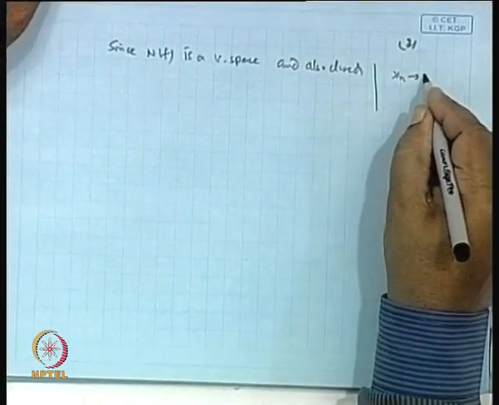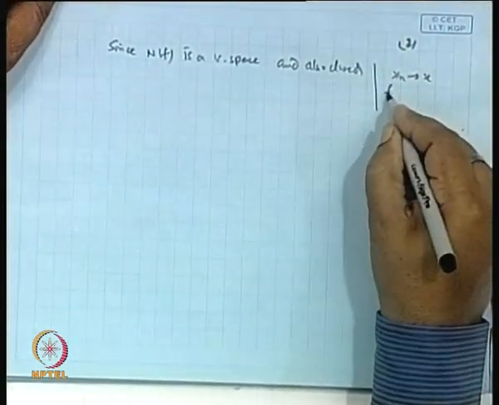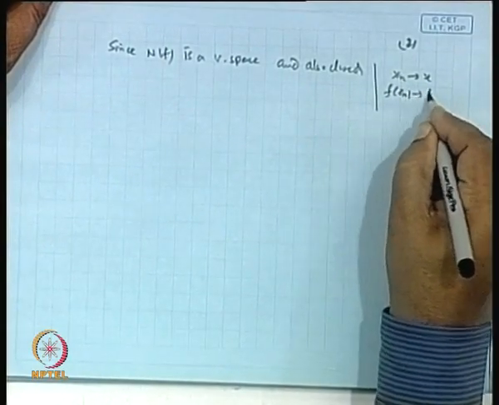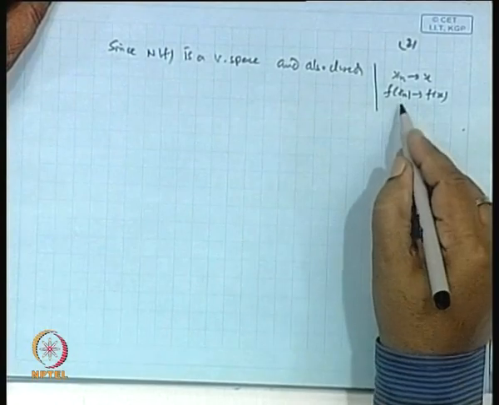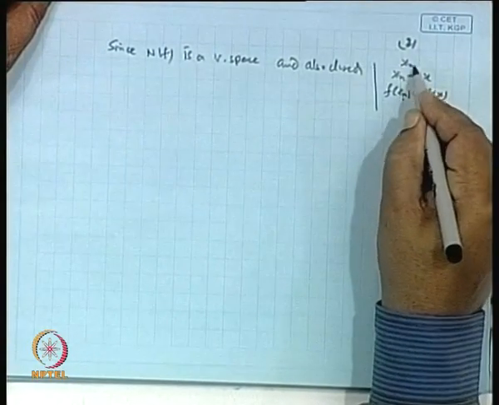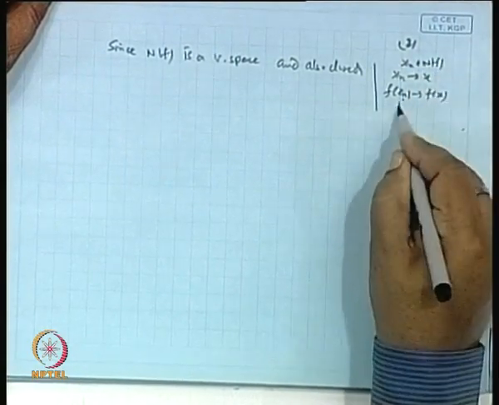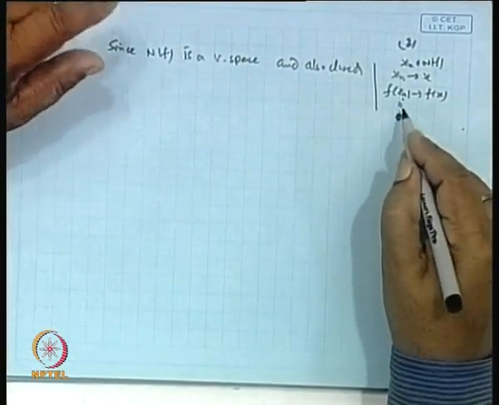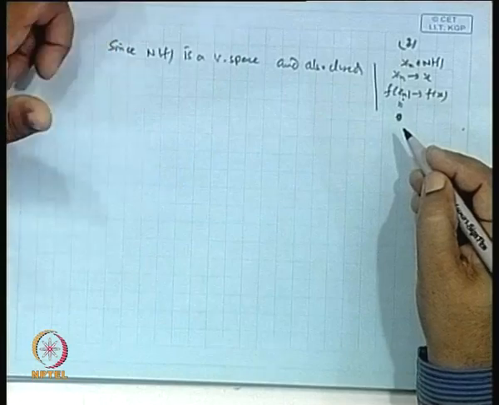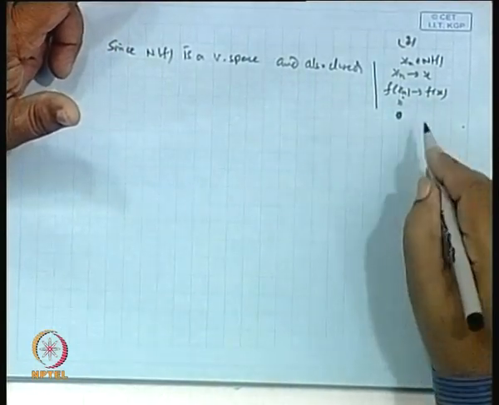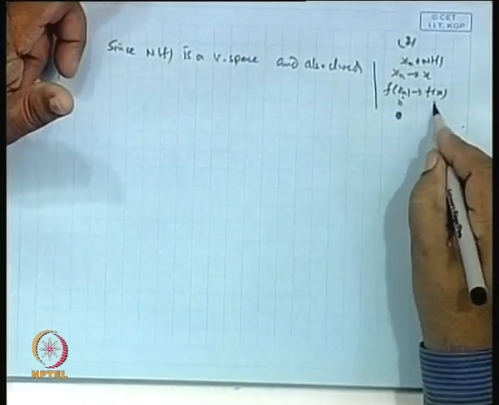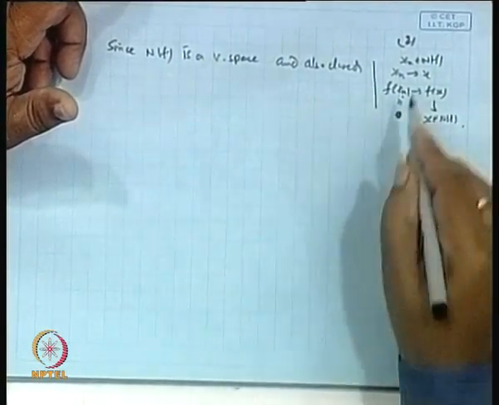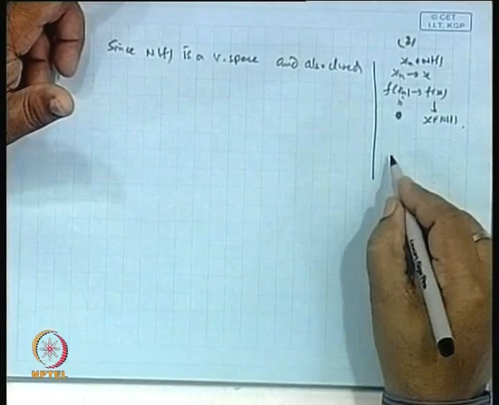If x_n converges to x and f is a bounded linear functional, then f(x_n) will go to f(x), but x_n is an element in the null space N_f. So, this part will be 0. So, for each n we are getting basically a null sequence 0, 0, 0, 0, and that converges to f(x). So, x must be a point in the null space. Clear? So, closeness follows like this.